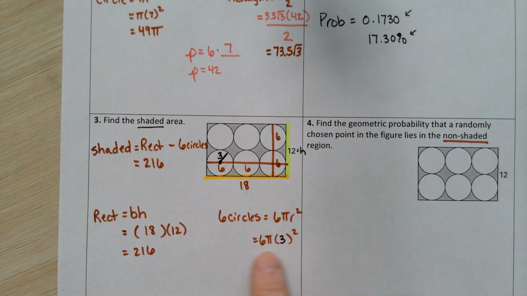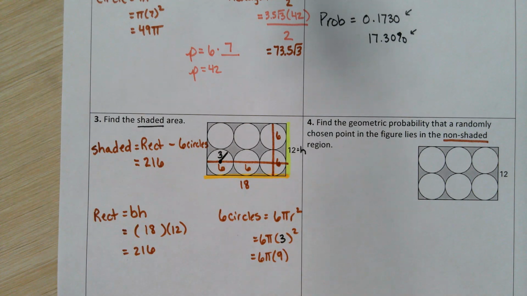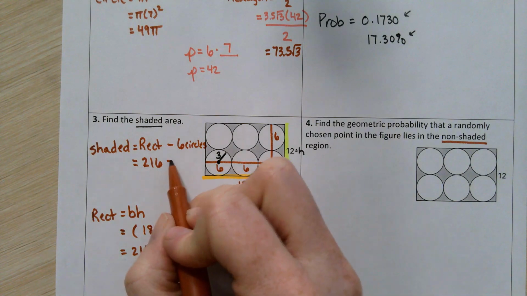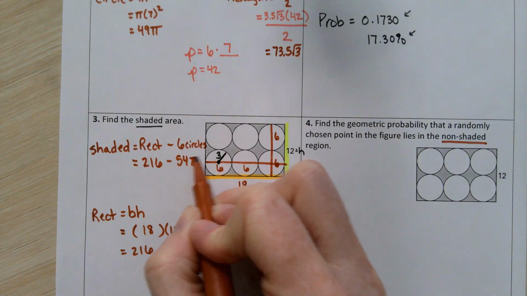I'll be a little bit careful here with your order of operations. We are going to multiply by 6 and pi eventually maybe, but 3 squared is up first because that's an exponent. And then 6 times 9 would be 54 pi, if we want to keep that nice and exact. So that's our 6 circles taken care of.